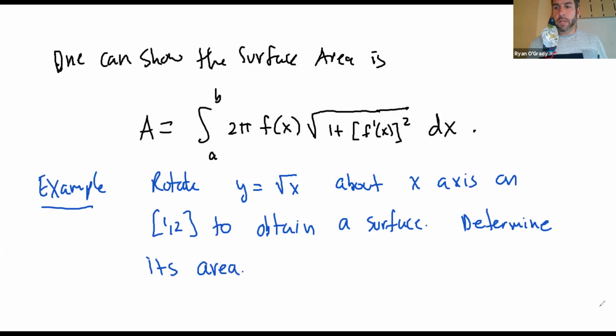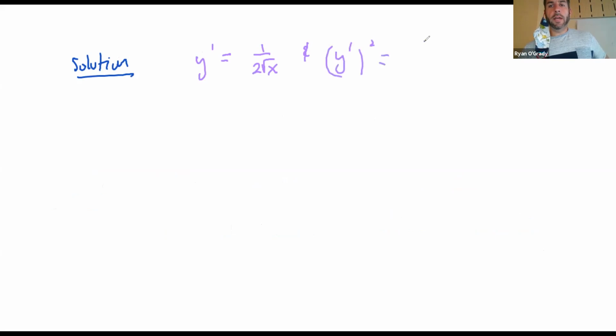So we have to plug this stuff into the formula. So the solution here: we need to do y prime squared. y prime is 1 over 2 root x, which we saw already, and y prime squared, just like we saw last class, is 1 over 4x.